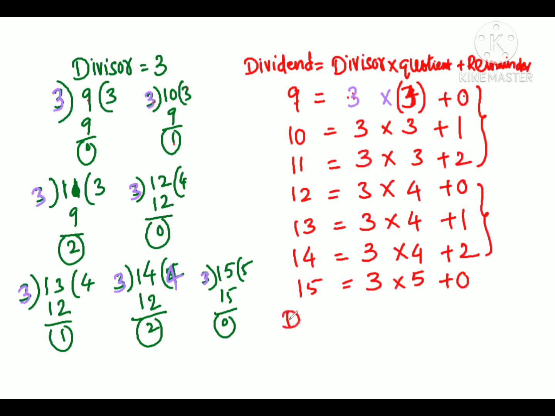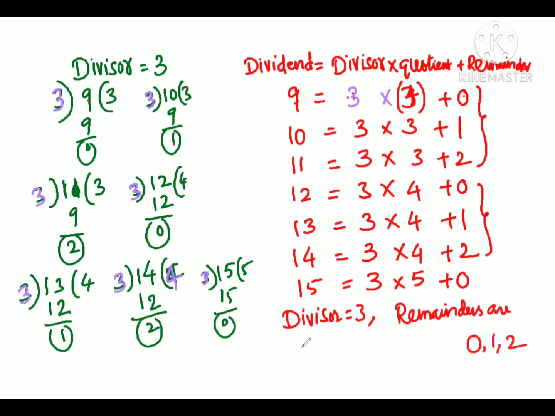So when the divisor is 3, then the possible remainders are 0, 1, 2.